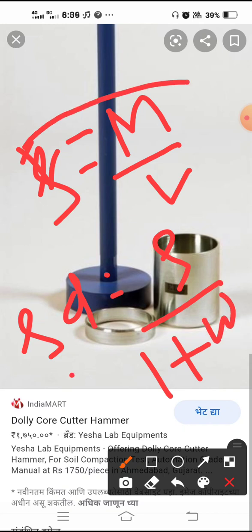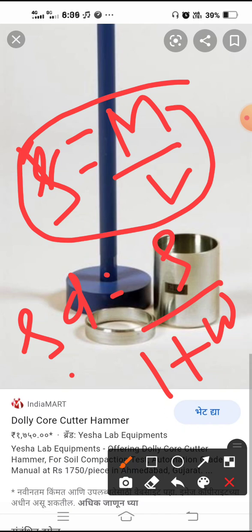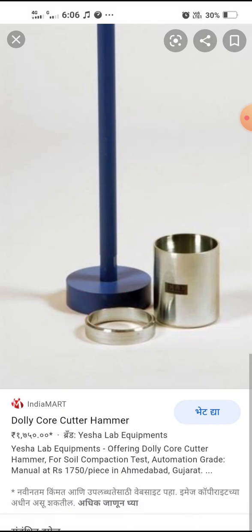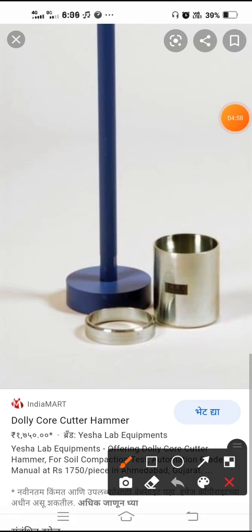Initially we find out the bulk density, then we find out the dry density by using this relation. So, how can we find out this bulk density? By using this formula, we know that bulk density equals mass upon volume.